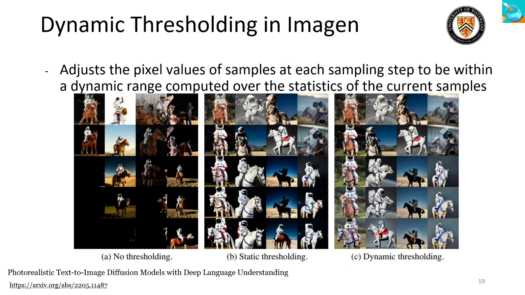Another important technique introduced by Imagen is dynamic thresholding. What it basically does is that it adjusts the pixel values of the samples at each sampling step to be within a dynamic range computed over the statistics of the current samples, such that with dynamic thresholding, you can see the image having more photorealism and higher fidelity.